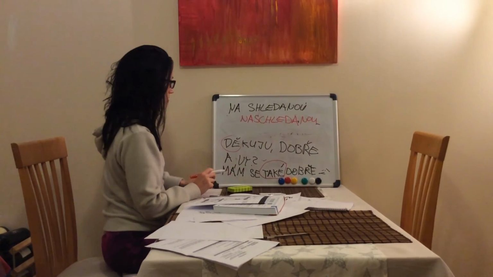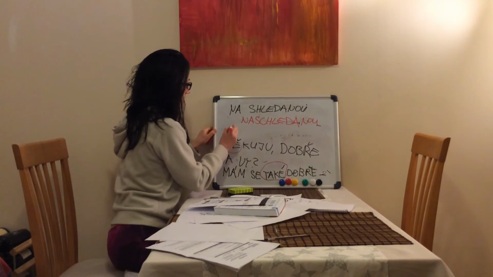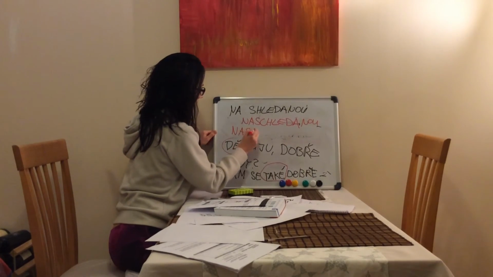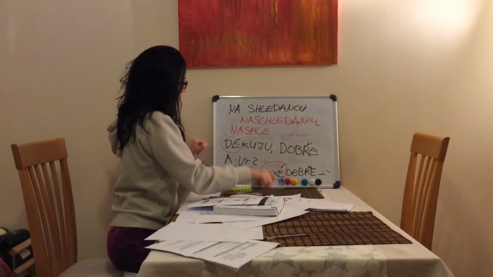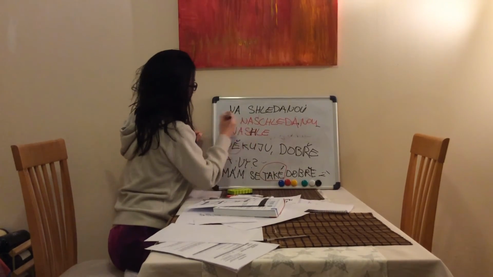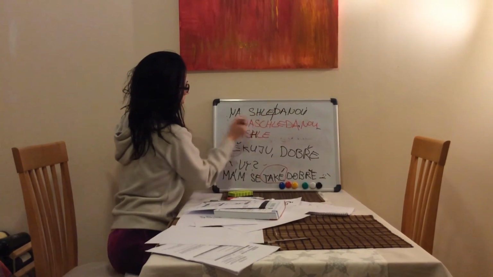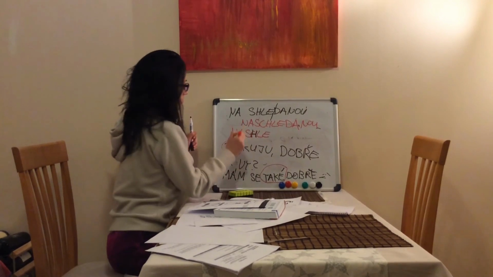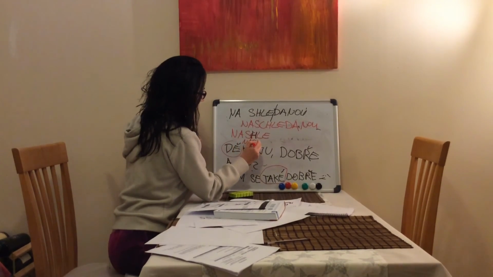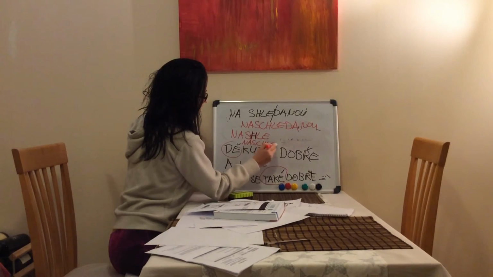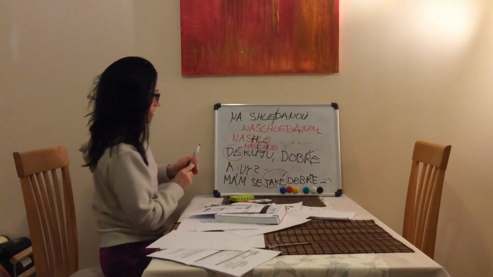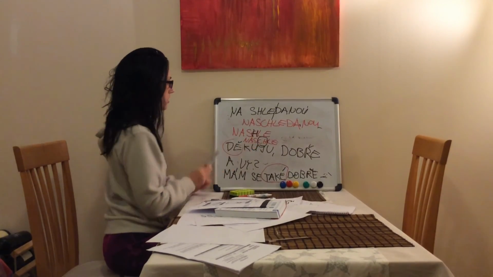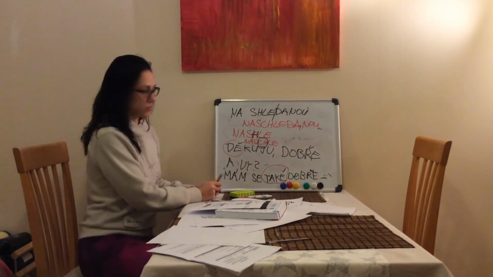It's just easier to say. Or people just say nashle. This is H. This is just a shortening of this. And again, they would pronounce it nashle. That's the one we said sounds like the ch in Scottish loch. So we would just say nashle to say bye-bye.